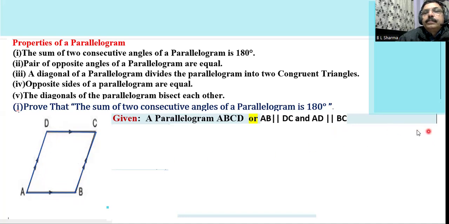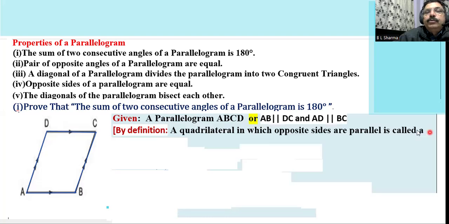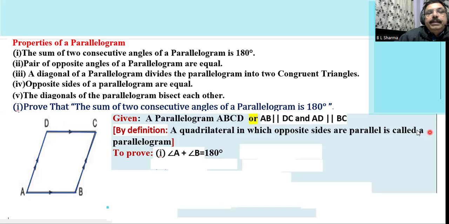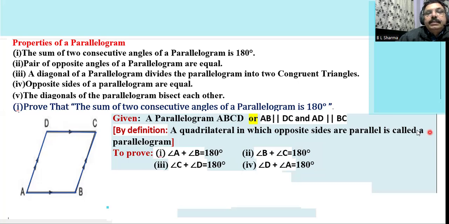So by definition we know that a quadrilateral in which both opposite sides are parallel is a parallelogram. हमेशा keep in mind, दिमाग में रखिएगा, ये पैरेललोग्राम की डेफिनेशन होती है. To prove angle A plus angle B 180 degree, angle B plus angle C also 180 degree, angle C plus D also 180 degree, and angle B plus A 180 degree. Right? How to prove? Then proof.